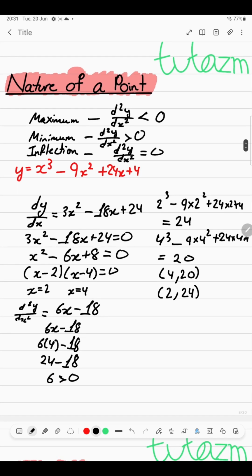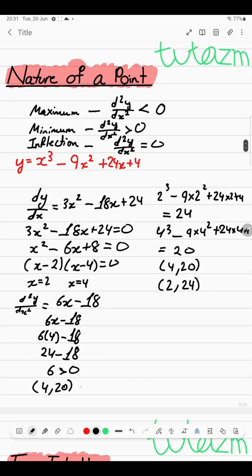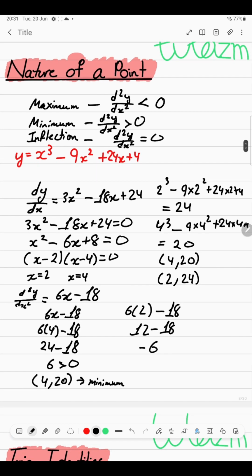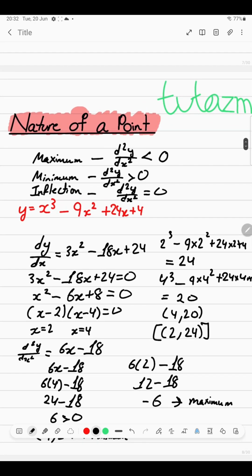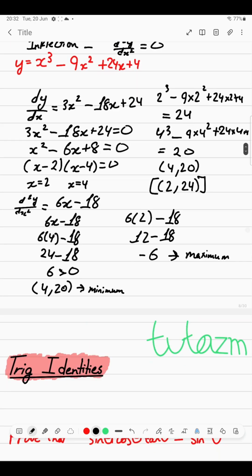So (4, 20) is a minimum, whereas 6 times 2 minus 18 is 12 minus 18, so it's minus 6, which means that it is a maximum. This is a maximum. Right, that is the nature of a point.